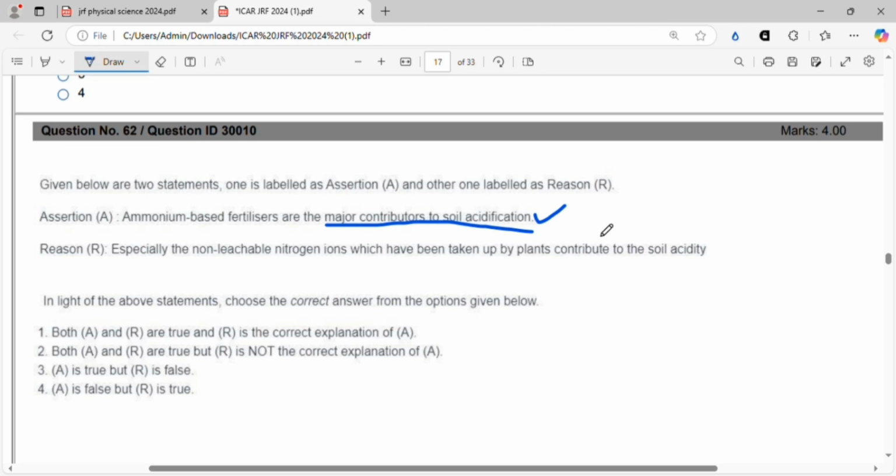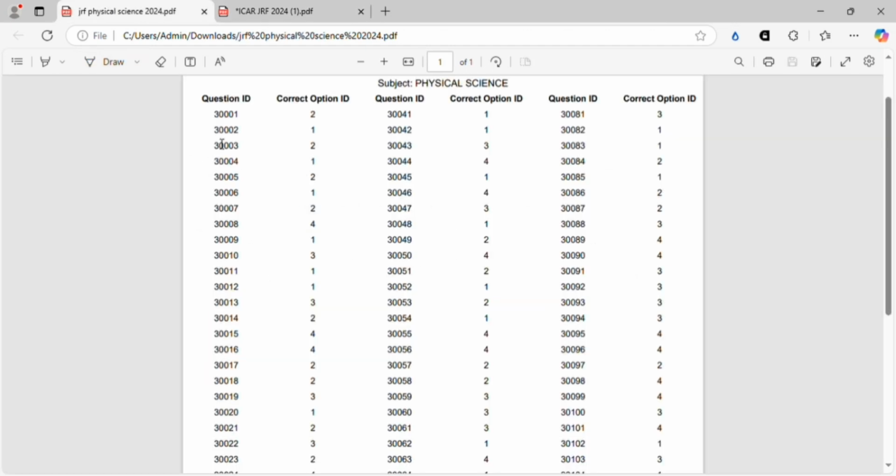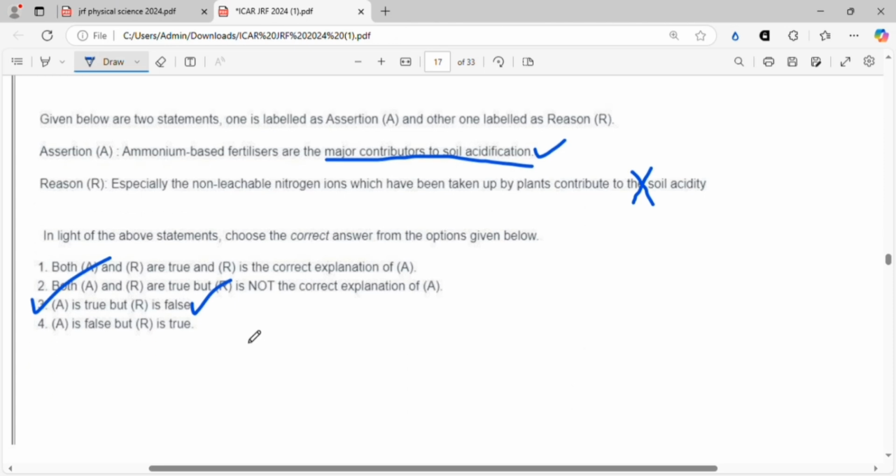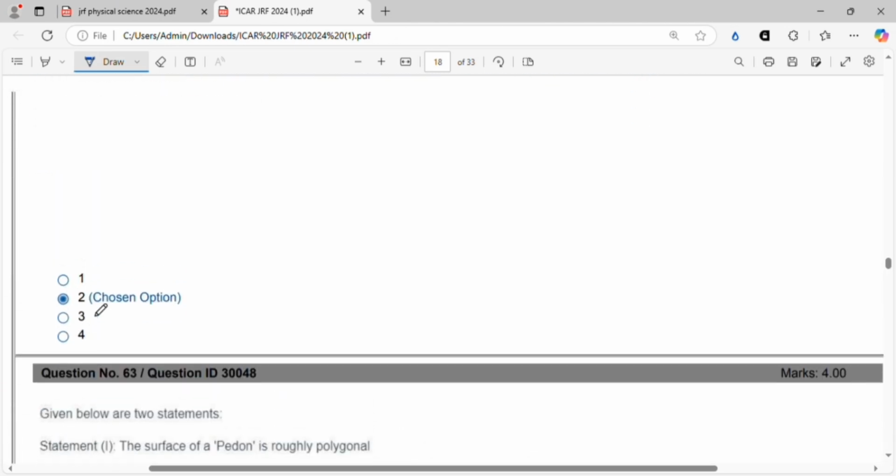This is wrong. If the ion has already been taken up by plants, how can it contribute to soil acidity? That is totally a wrong statement. So the correct answer will be option 3, where A is true, but R, the reason statement, is wrong. And yes, option 3 is the correct answer.